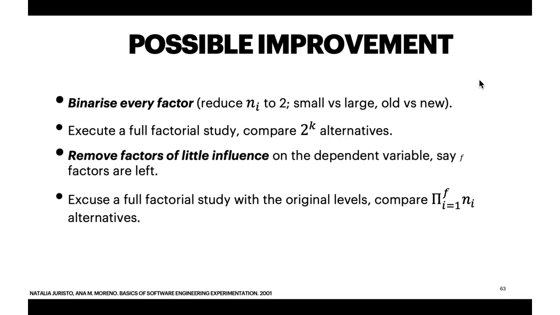Once we have completed this step, we can identify which factors seem to be of little influence on the dependent variable. And let's say we keep f factors left. Essentially, we are saying that if for a certain factor it does not really matter for our dependent variable whether we are using old or new, it will not make any sense to make a more fine-grained distinction between very old, moderately old, and very new systems.